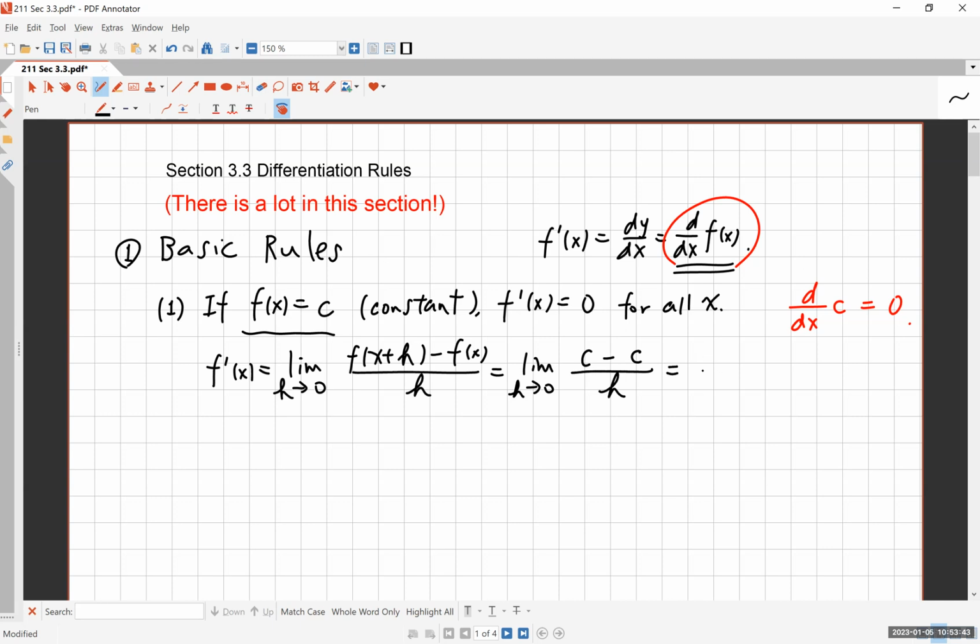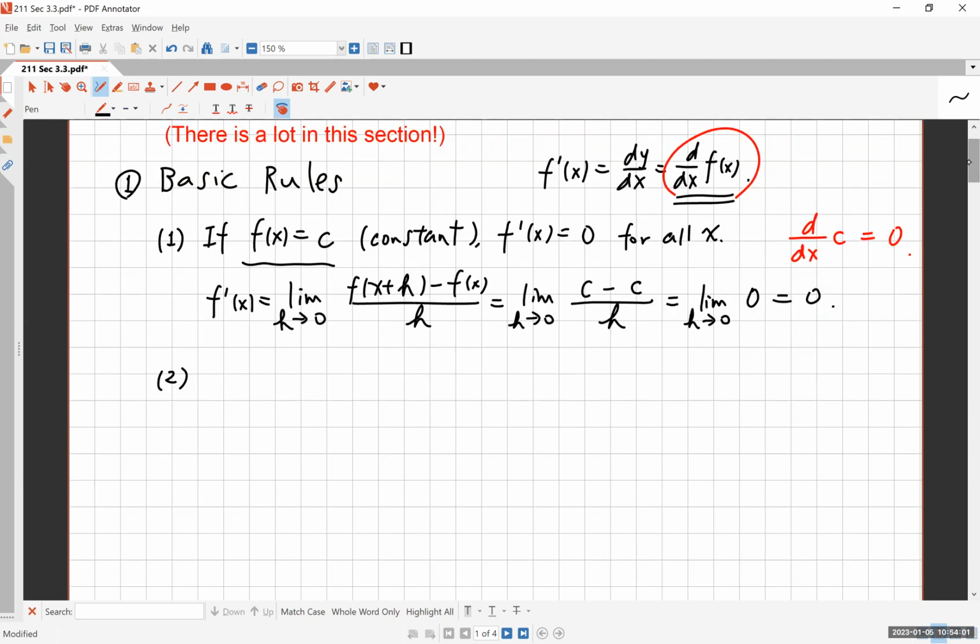And this is simply the limit as h approaches 0 of 0, which is 0. Done. No problem, right? So if you see a constant, then the derivative is just 0. It just disappears when you take the derivative of any constant term.